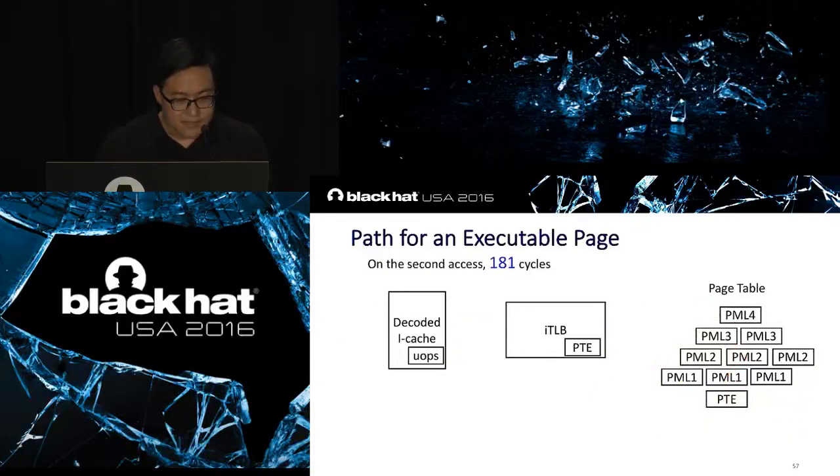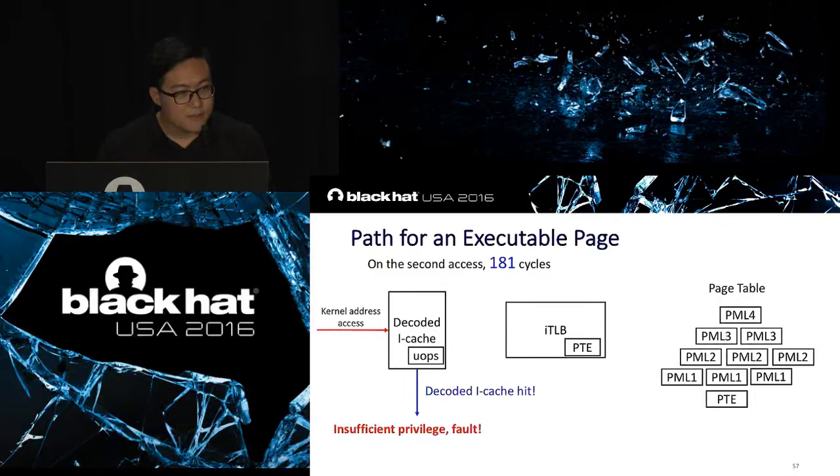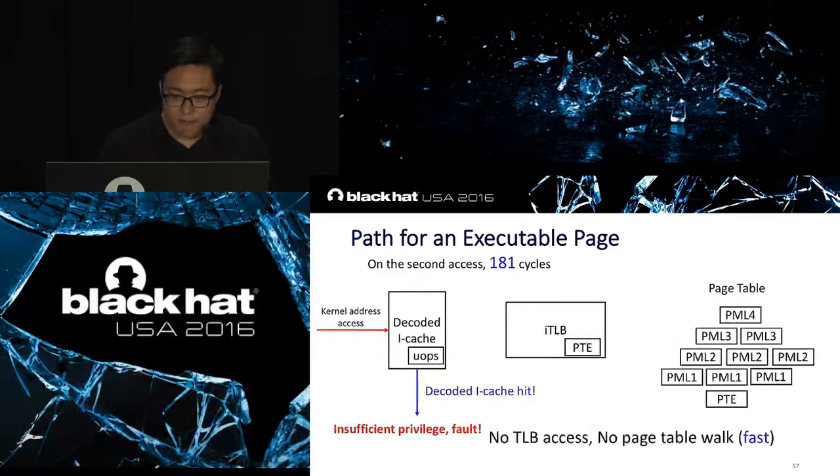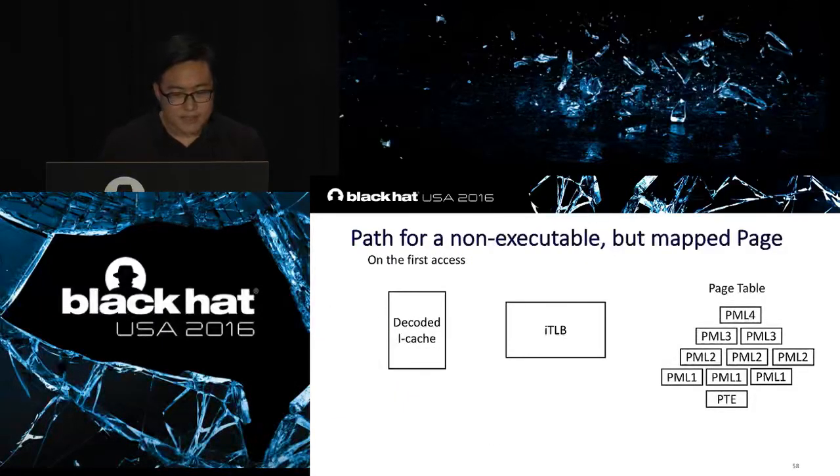On the subsequent access, it now hits on the decoded I cache, so it faults faster. Since there's no TLB access and no page table walk, it is on the fast path.